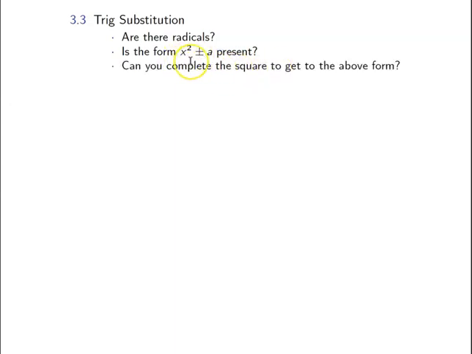But what am I looking for? Is it x squared plus some number, right? Can we complete the square to get it to look like something squared plus a number, right? Something that looks like this. If I can get it to look like that, then I probably want to do some sort of trig substitution like x equals a tan theta, right? Or square root a tan theta in this case.